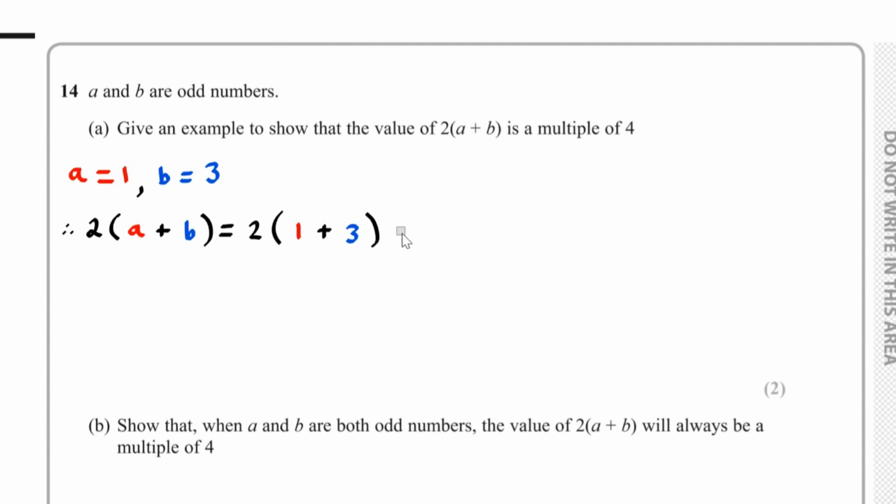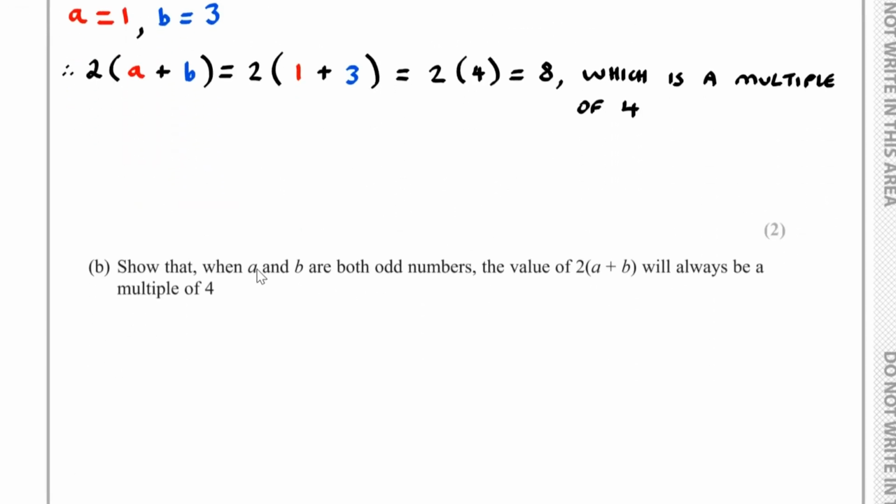So we've got 2 times by 4, which is 8. And this is a multiple of 4.